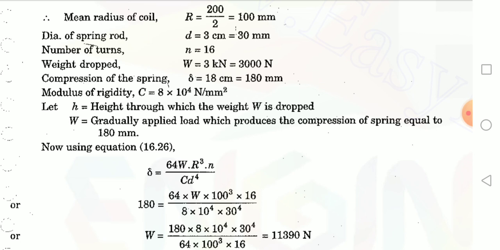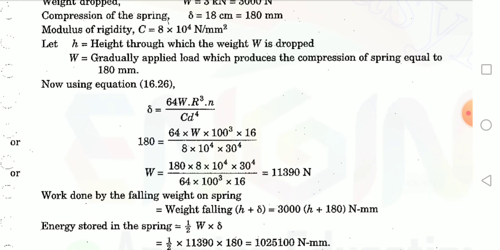So this deflection is given as 180 mm, and you can substitute the values in this formula: 64 into W into R, which is 100, cubed, and N, the number of turns, is 16, divided by C, the modulus of rigidity, 8 into 10 power 4, and the spring diameter 3 centimeter, 30 mm, to the power 4. From that you can get the weight.